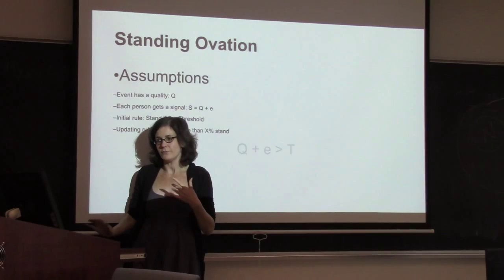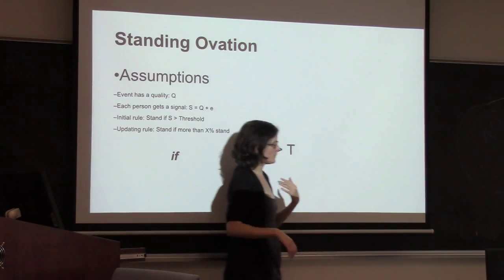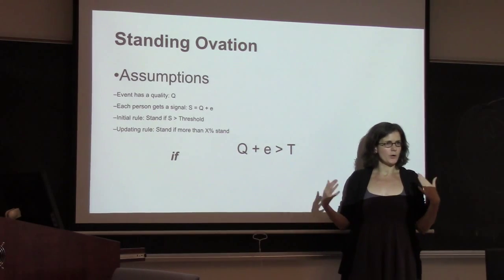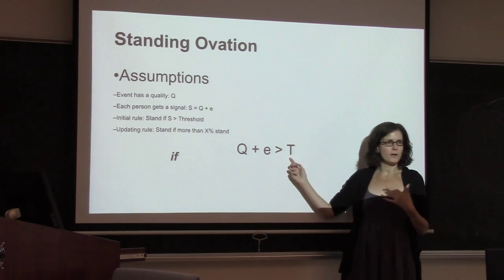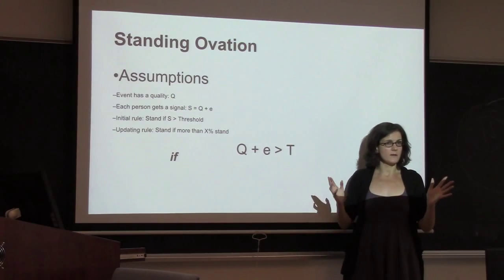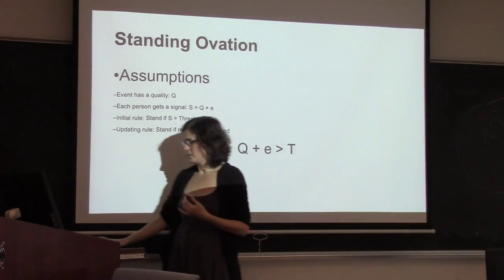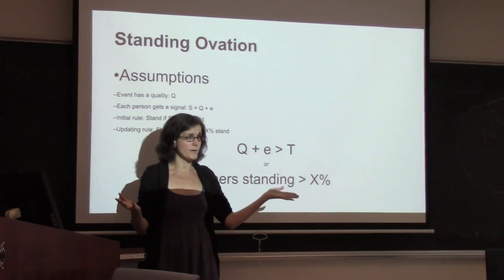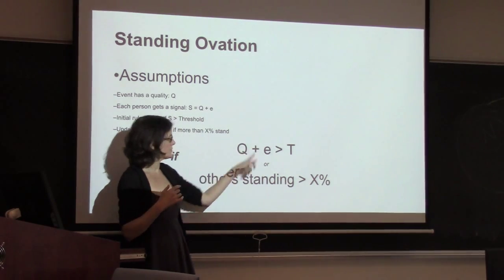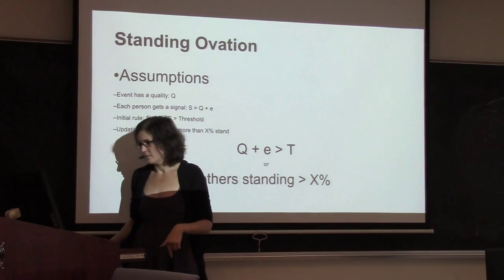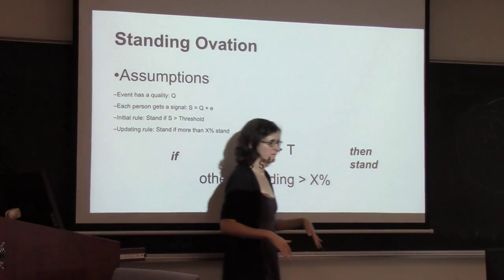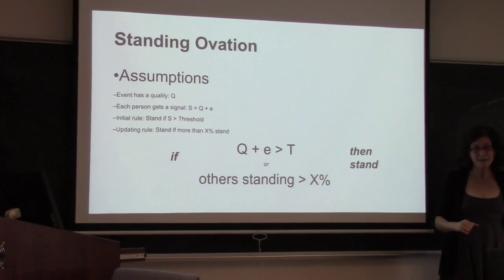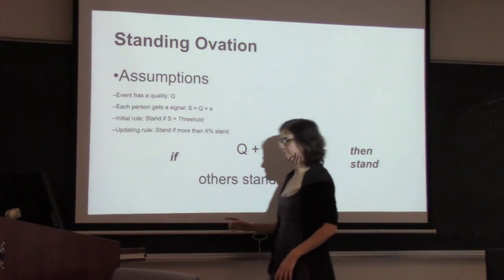If the true quality plus my error term is above a certain threshold, I will stand. Or if I look around and a certain percentage of the audience is already standing, I'll stand. So these are the two things that make me stand. Is that clear? Great. So let's play this out.